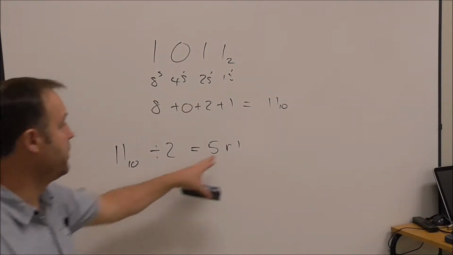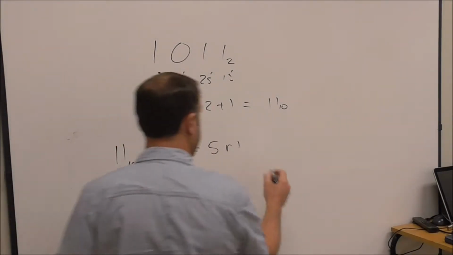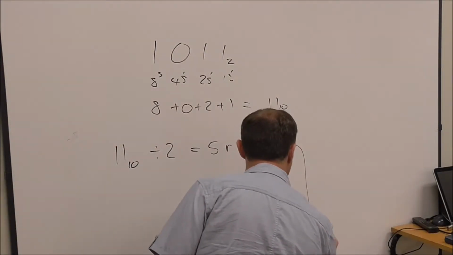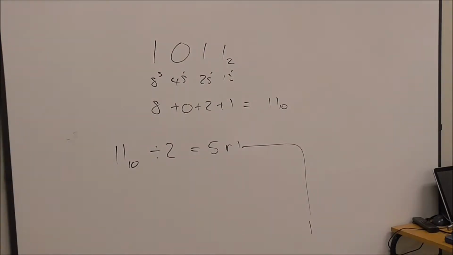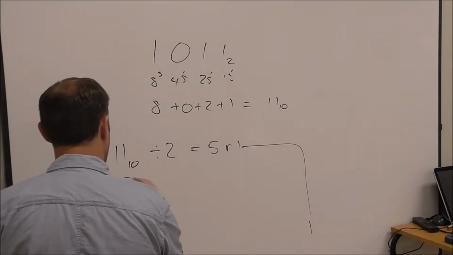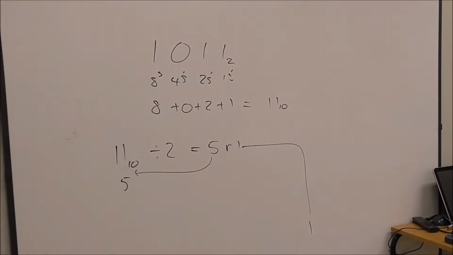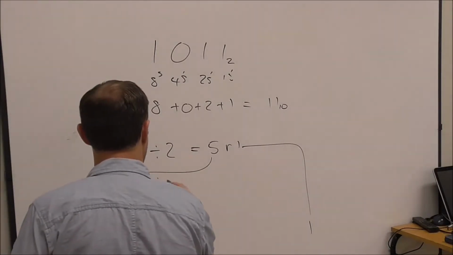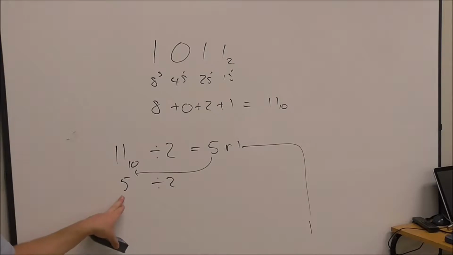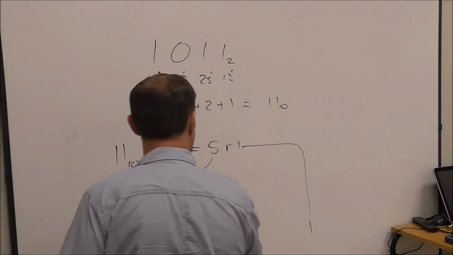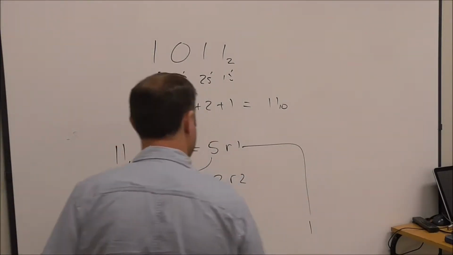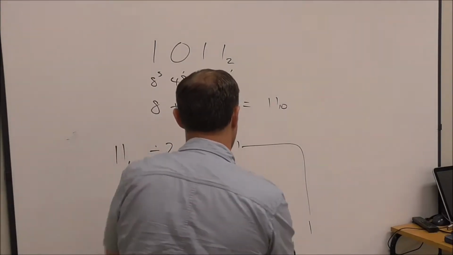And so we copy down the 1, your remainder there, and then we're going to copy the 5 as the next thing we're going to divide by 2. So we divide that by 2, and that is going to be 2 remainder 1, sorry.